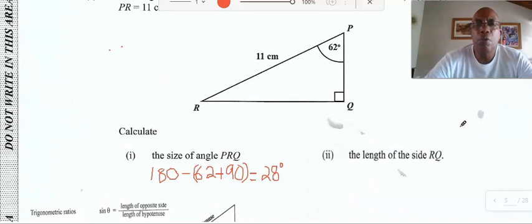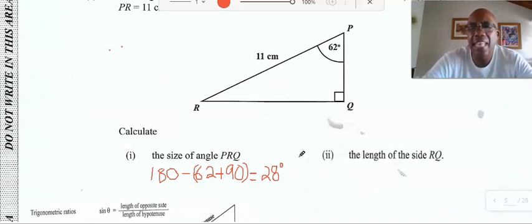Move on to part 2, where we have to find the length of the side RQ. Anytime we are dealing with right angle triangles, there are 2 important geometrical laws that you must remember.